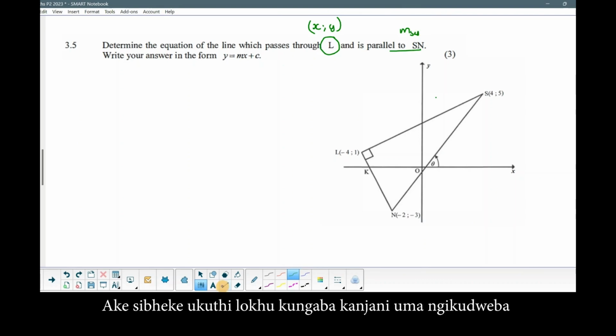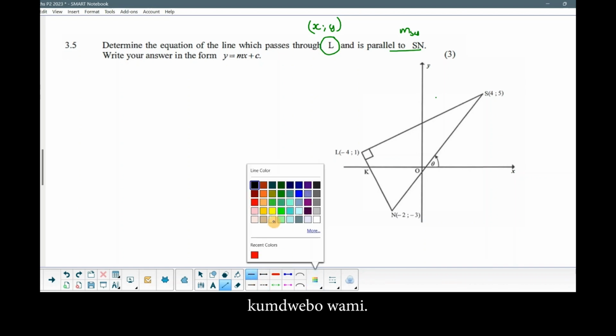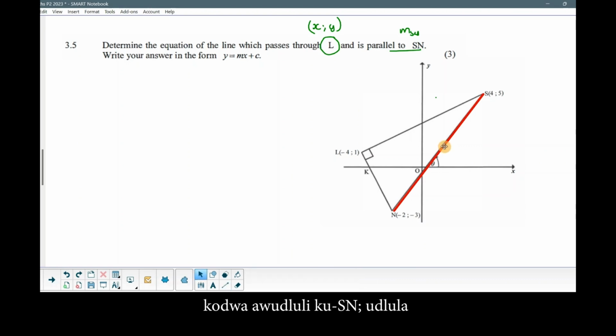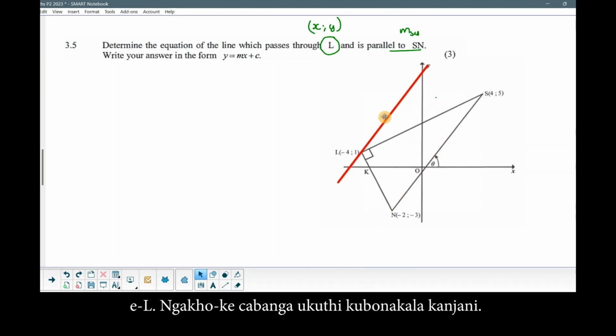So that's two vital pieces of information. Let's have a look at what this would look like if I drew it on my diagram. I know that the line is parallel to Sn, but doesn't pass through S or N. It actually passes through L. So that's what it looks like.